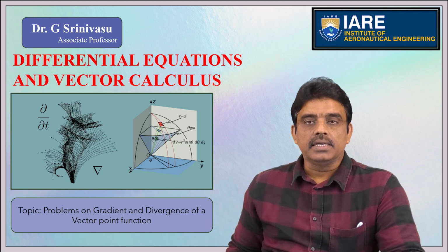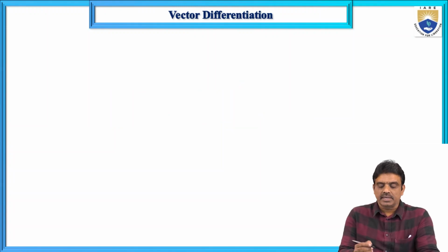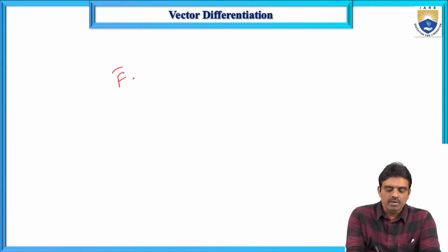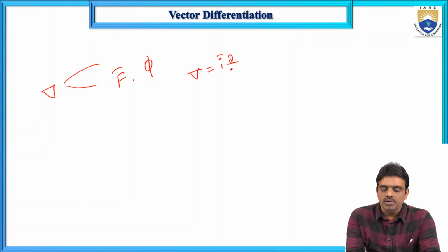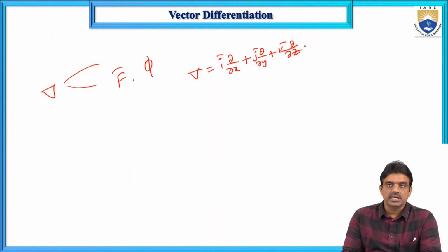So what is gradient? If f bar is any vector point function and phi is any scalar point function, del can be applied on both vector and scalar point functions. Already I told you del is equal to i bar dou by dou x plus j bar dou by dou y plus k bar dou by dou z, and this is called the vector differential operator.